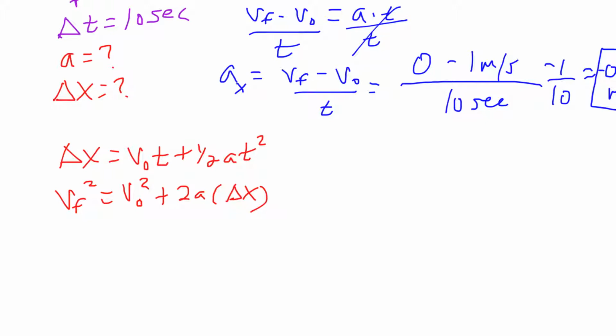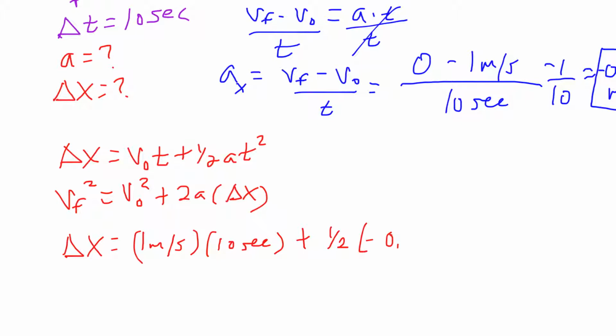So we're going to say delta x is equal to the initial velocity, which was 1 meter per second, times the time, which was 10 seconds, plus 1/2 times the acceleration, which we said was negative 0.1 meters per second squared, times the time squared.